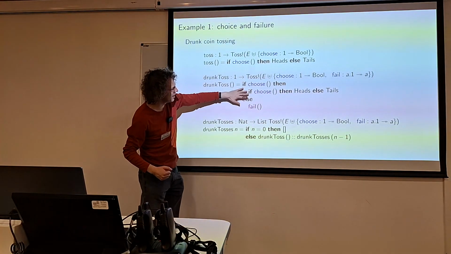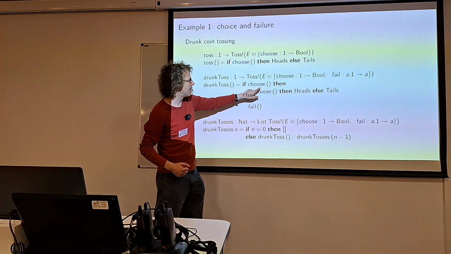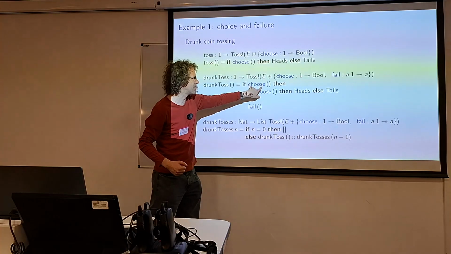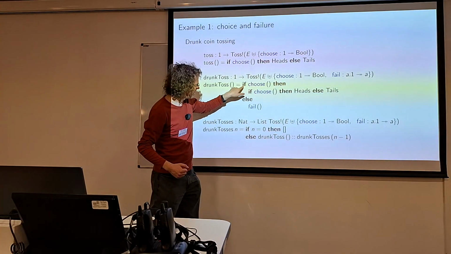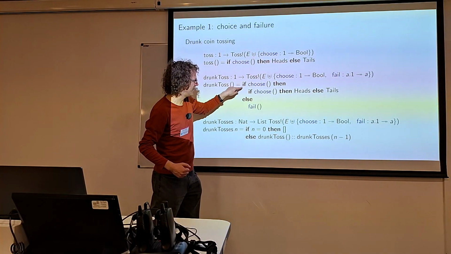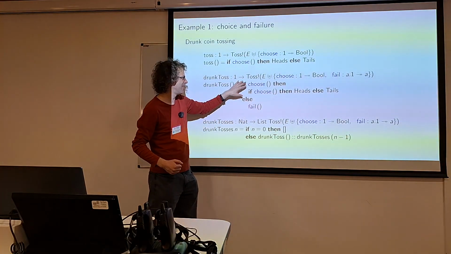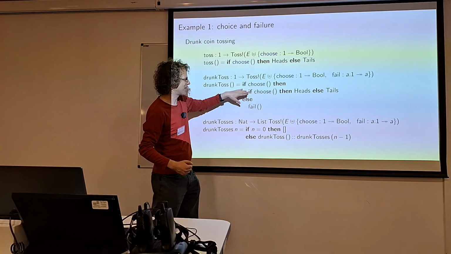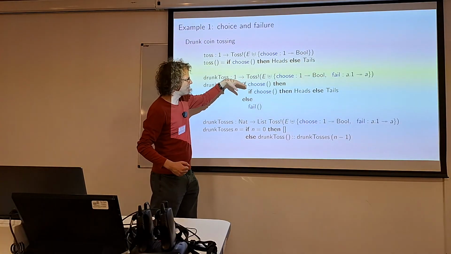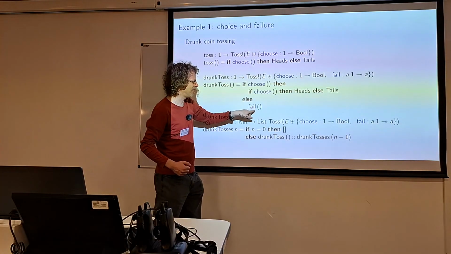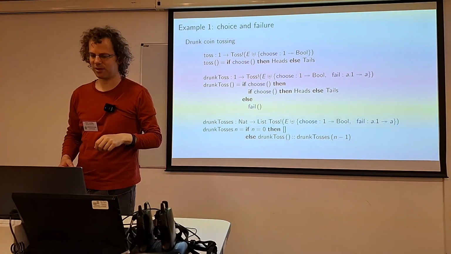So that's easier to see here. In this case, the continuation of this choose is going to be if x, then if choose, then heads, else, tails, else, fail. And you want to make sure that when you run that thing, this choose and this fail also have the opportunity to be handled by the same thing.